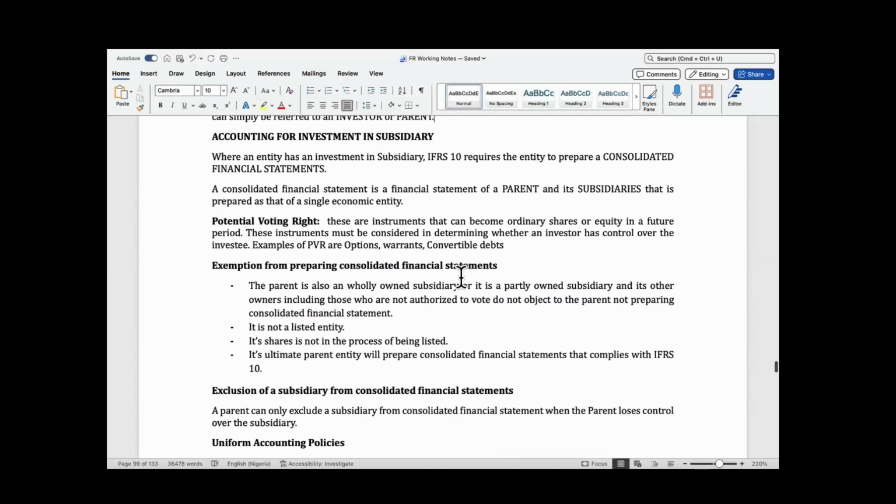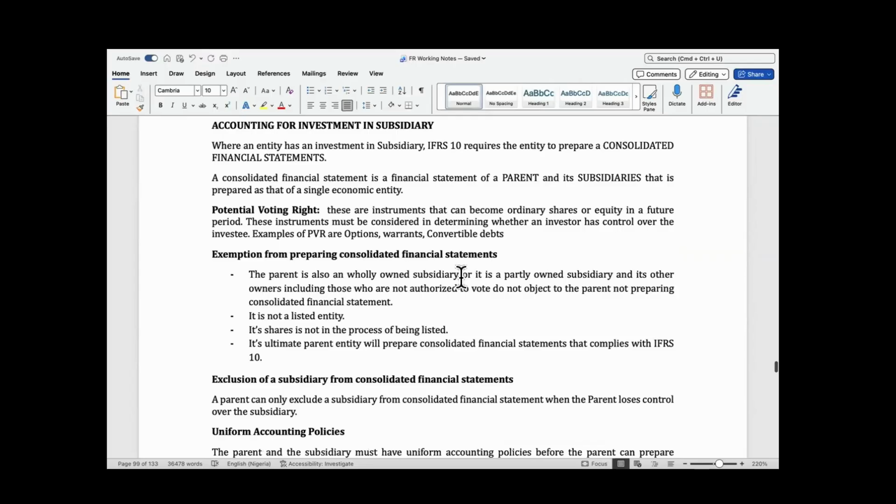Now, how do we account for investment in subsidiary? I'm starting the accounting. When I'm done with accounting for investment in subsidiary, then I move to that of associates. Probably next week, I'll finish subsidiary today.